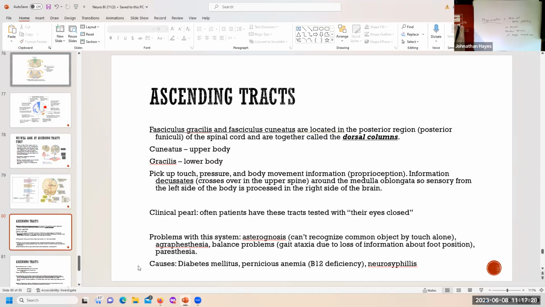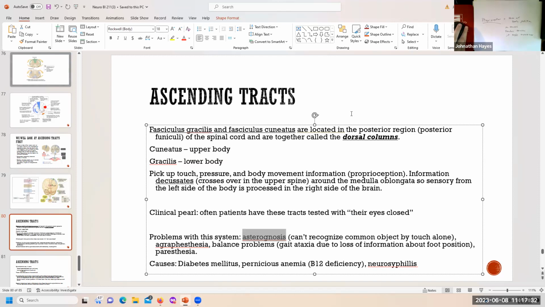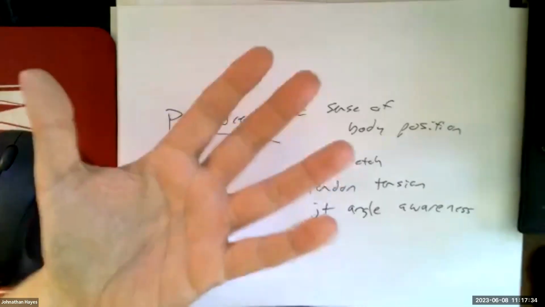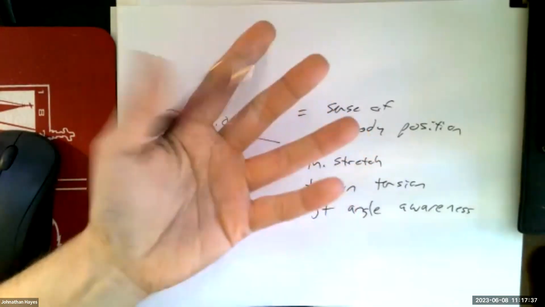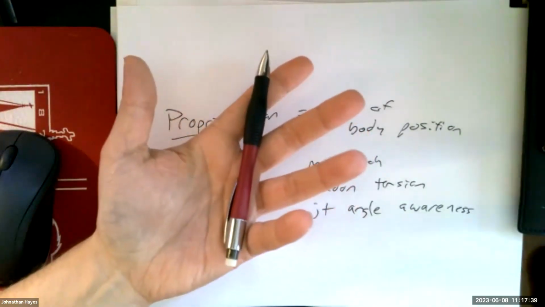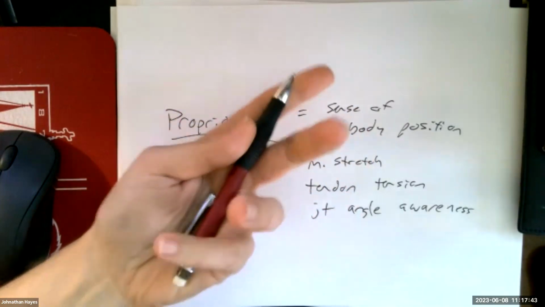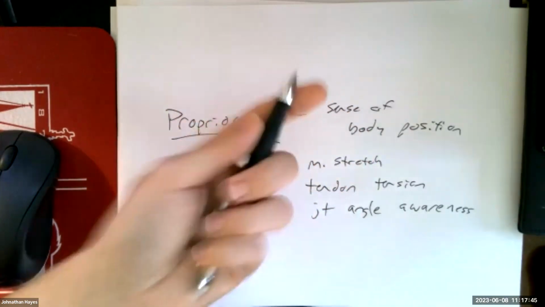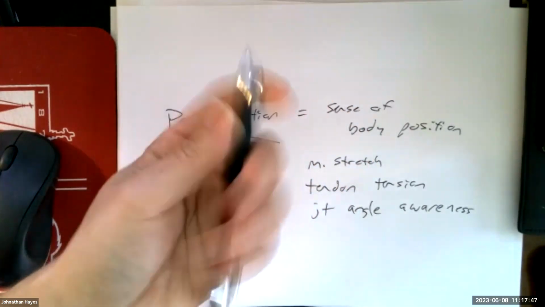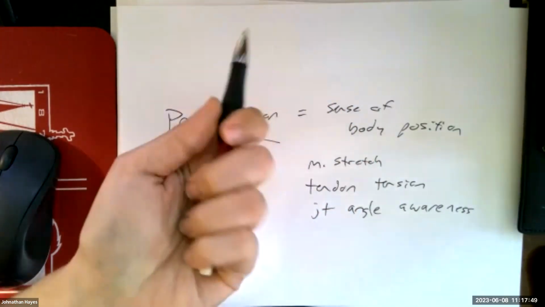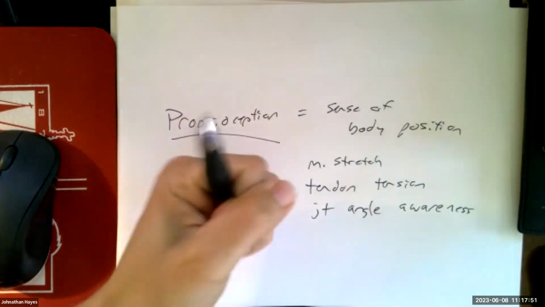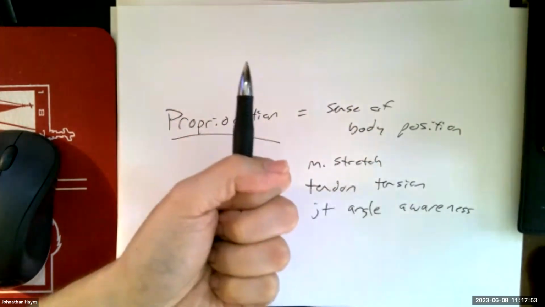So let's say that they couldn't recognize an object by touch alone. Why is that dorsal columns? Well, if my eyes are closed and I place this pen in my hand, how do I know what I'm feeling if I don't have touch, pressure, and proprioception? Pressure gives me the weight, touch gives me what it feels like, and proprioception tells me the general size, because of how bent my hand is.